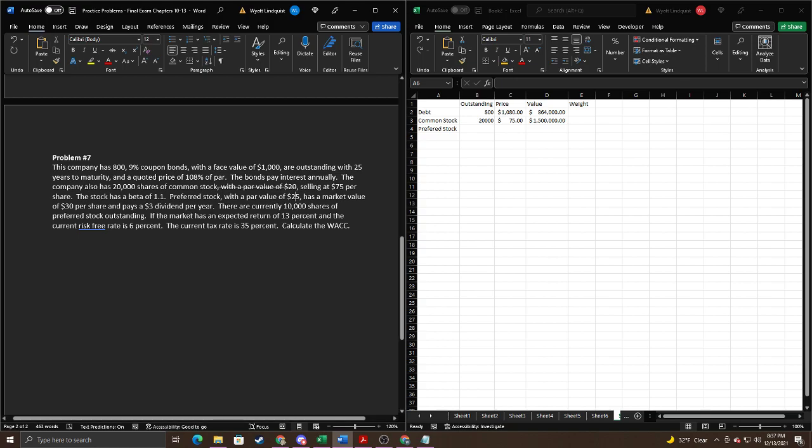So then we have preferred stock. The preferred stock has a par value of $25 and has a market value of $30 per share and pays a 3% per year dividend.